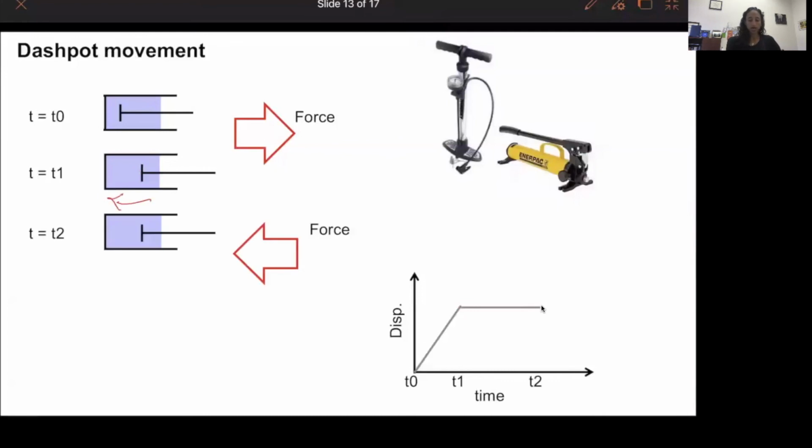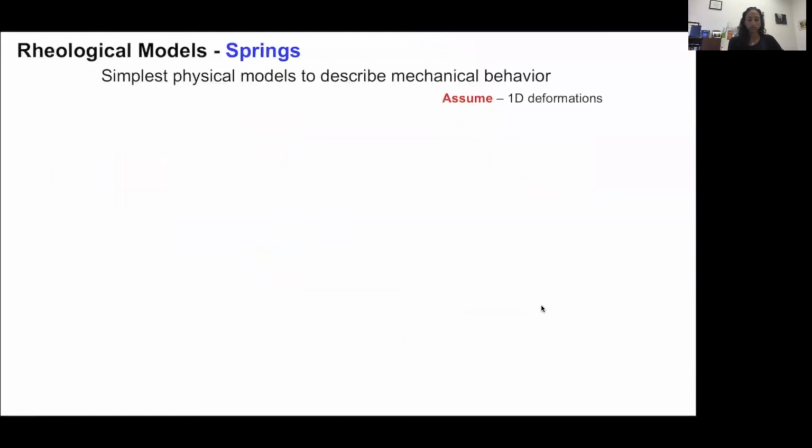So that means I actually have to physically apply a force to my dashpot in order to create this movement of the plunger back into the fluid. And if I hold on to this force over a period of time, I'll see that the deformations will drop back down to the initial loading spot at T0.